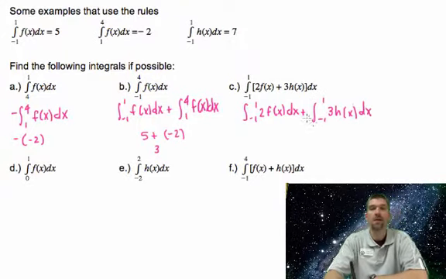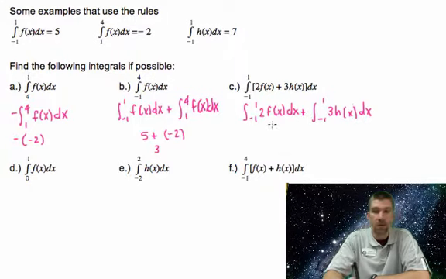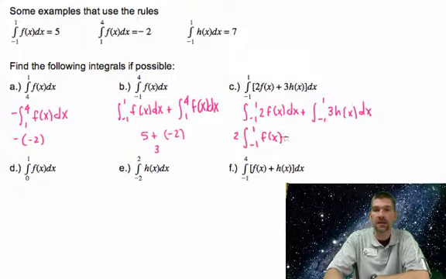One of my rules said I could add or subtract these integrals together, so I switched to adding. The other rule said I can move the constant out in front, so I have 2 times the integral from negative 1 to 1 of f(x) dx plus, and then I can move the 3 out and go from negative 1 to 1 of h(x) dx.